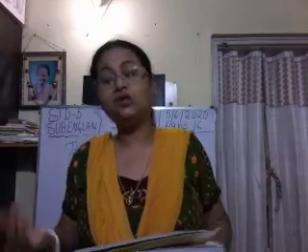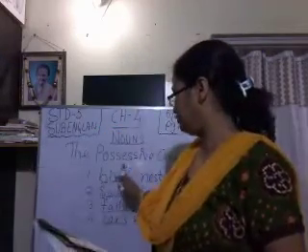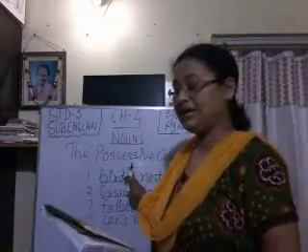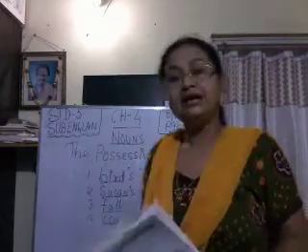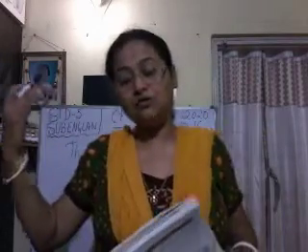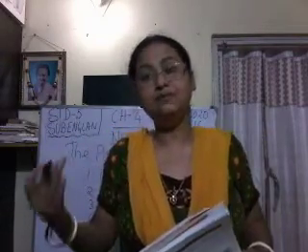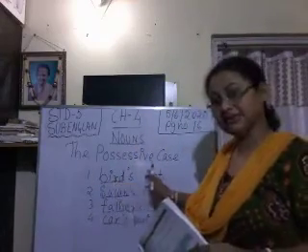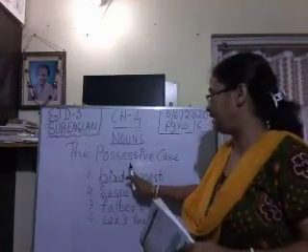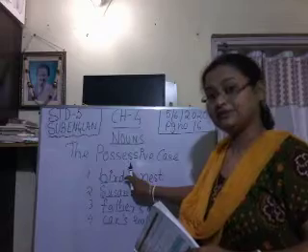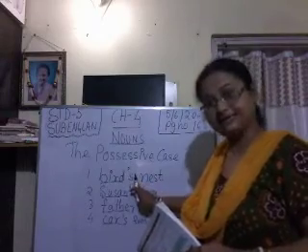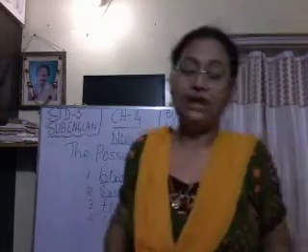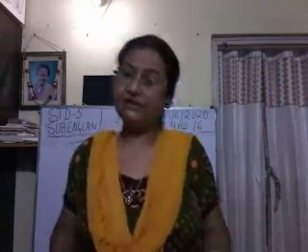Possessive case shows who owns something, and in possessive case we put an apostrophe and S with the noun that shows the possession. Here who shows the possession? The bird, bird's nest. So with bird we have used apostrophe and then S. This is all about the nouns possessive case.